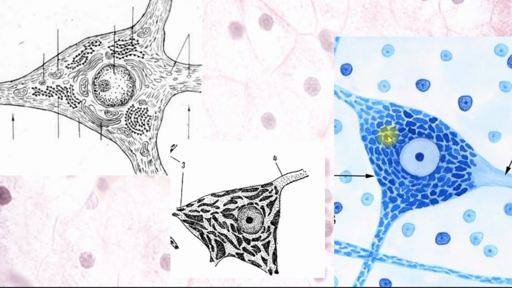So Nissl staining reveals places of protein synthesis inside neurons. Neurons need a lot of proteins to provide their functions. They also should produce neurotransmitters and structural proteins, and here we can see numerous granules. They correspond to places of localization of rough endoplasmic reticulum.